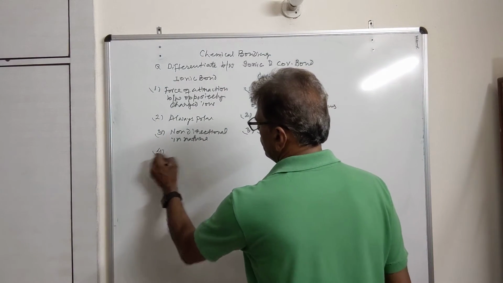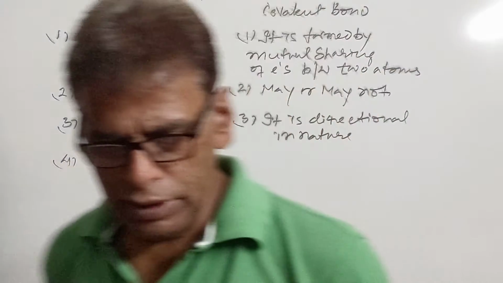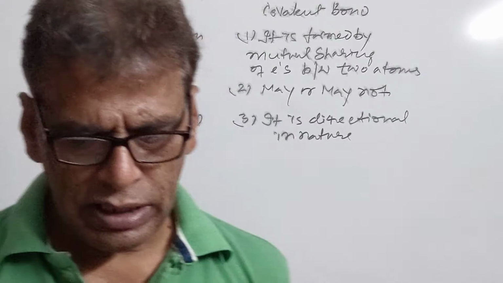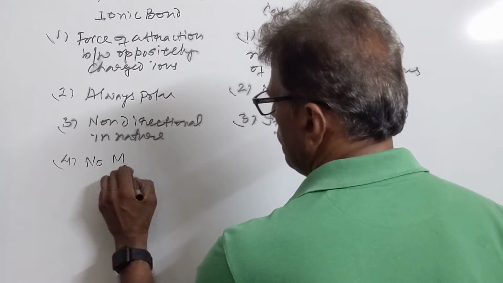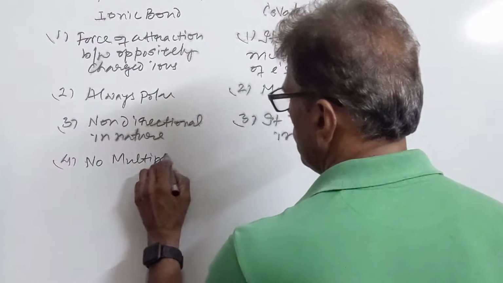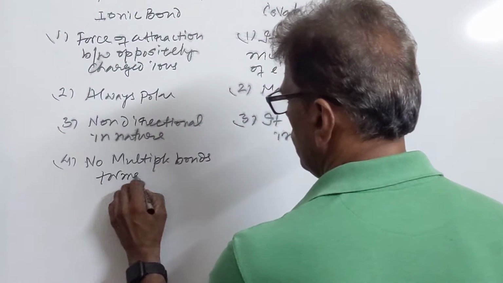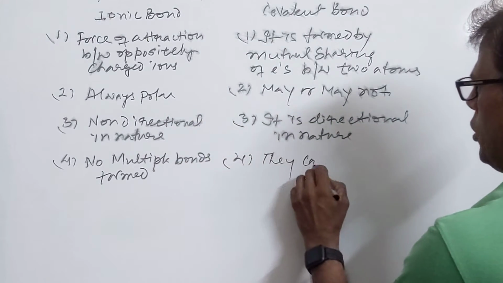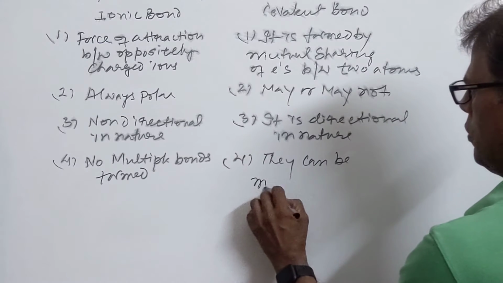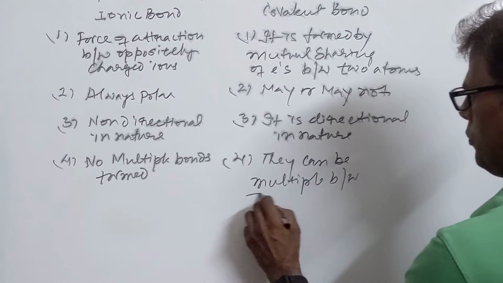Then fourth characteristic, ionic bond holds oppositely charged ions. There is no multiplicity. But covalent bonds can be multiple between two atoms.